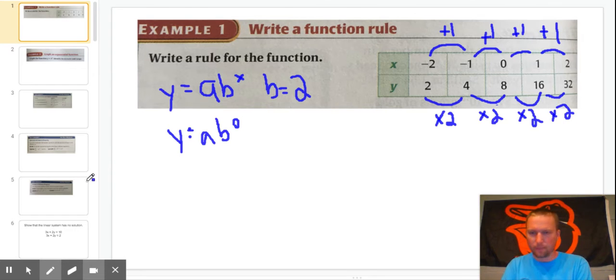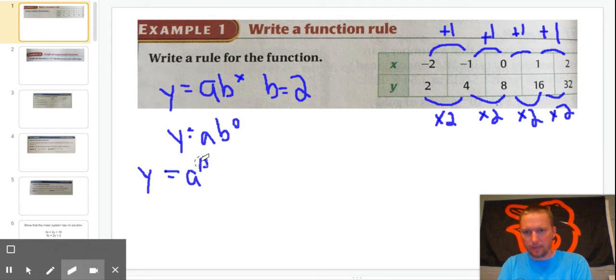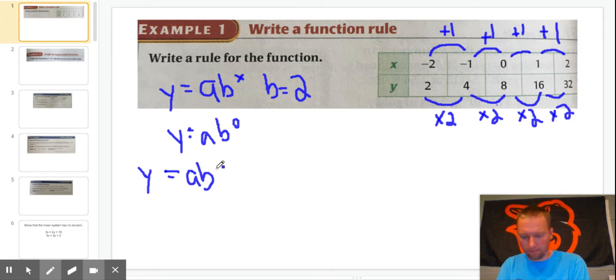What we know is y equals a b to the 0, that equals a times 1 equals a.